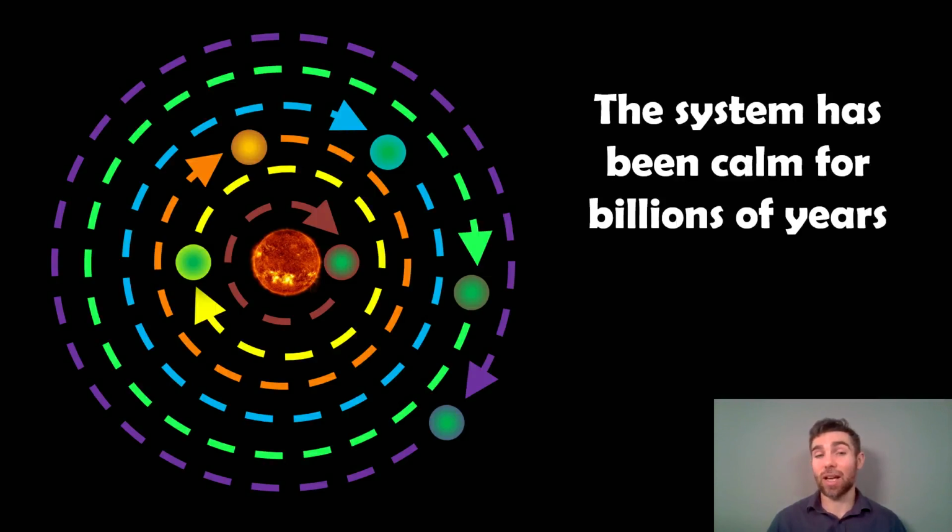It's something that would only really happen quite early on, and over time other interactions with other stars, the galaxy, internal mechanisms would actually break that resonance chain, and you might end up with planets getting thrown out. So it tells us that maybe this system's been actually quite calm for such a long period of time, which in itself is actually quite unusual for planetary systems.